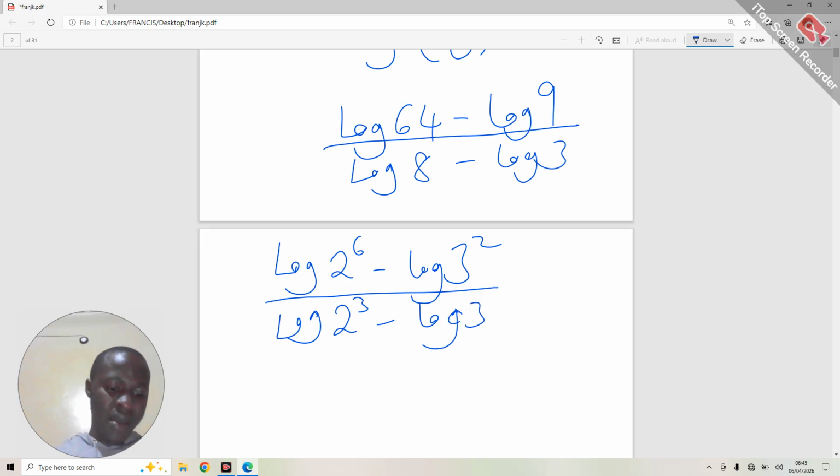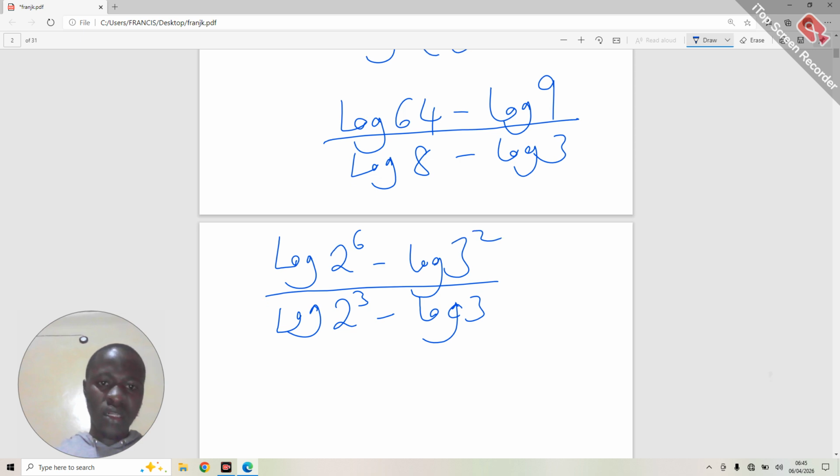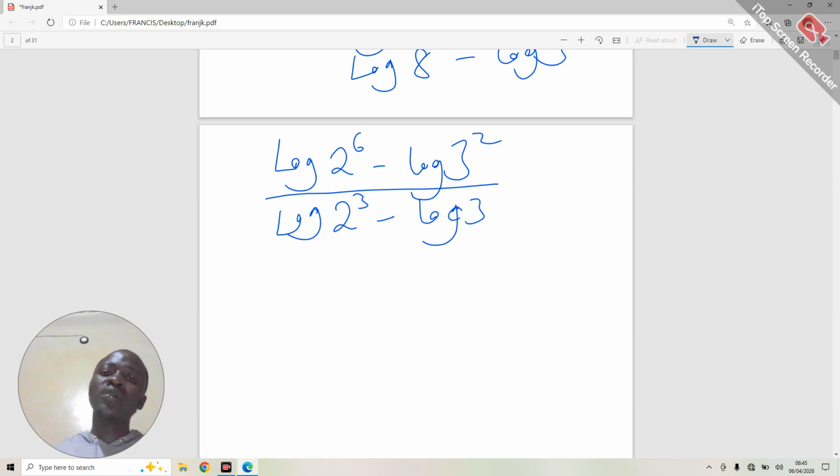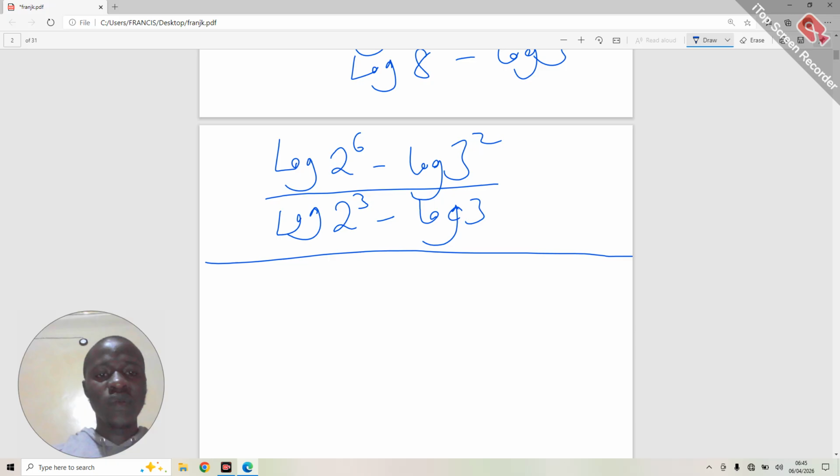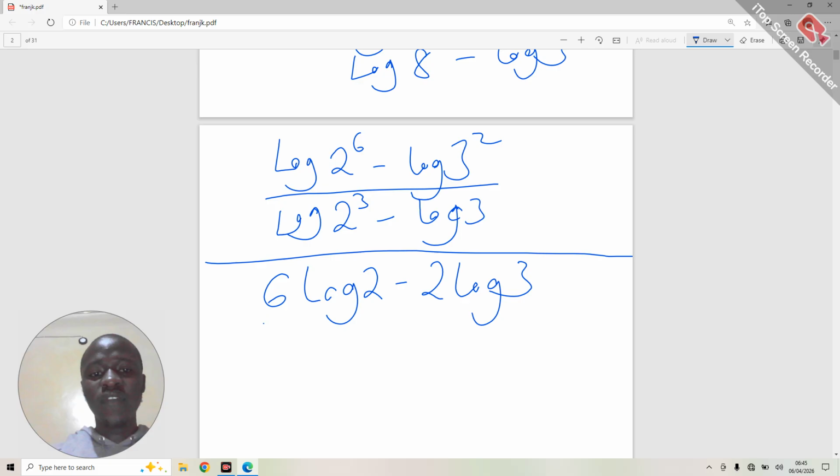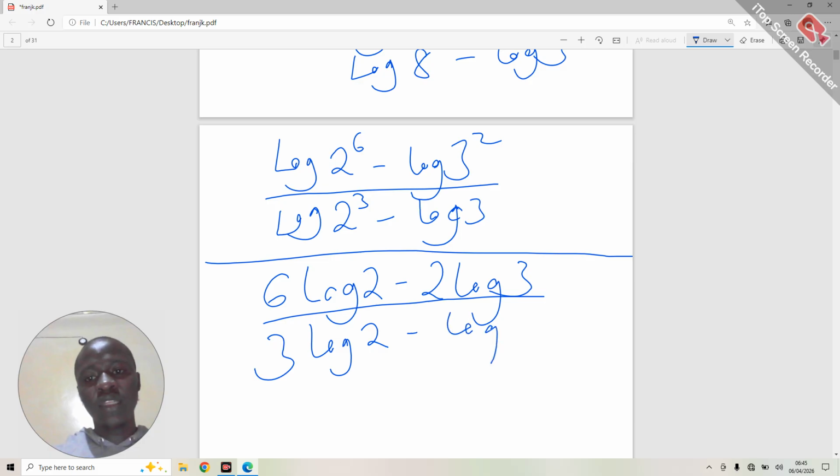There are students who will use this procedure to solve this question. So they have 6 log 2 minus 2 log 3, which is very much correct, all over 3 log 2 minus log 3.